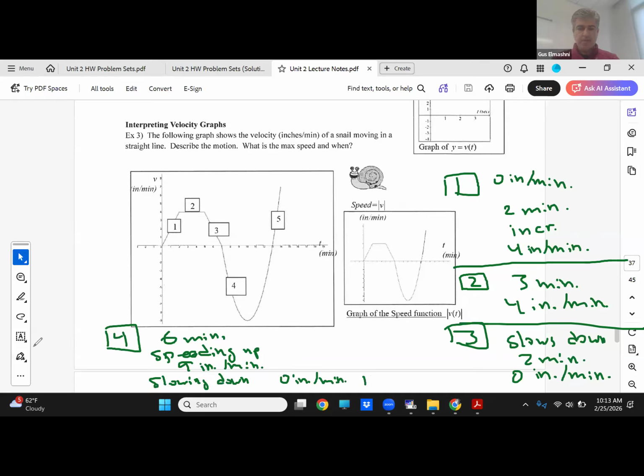And at t equals 13, the snail is at rest.